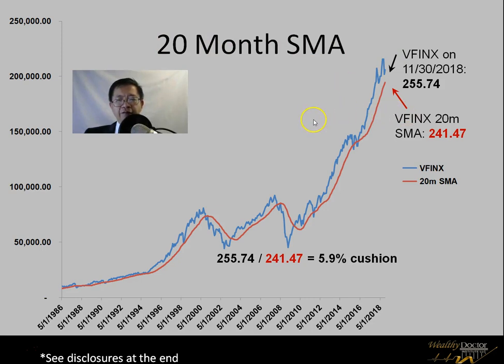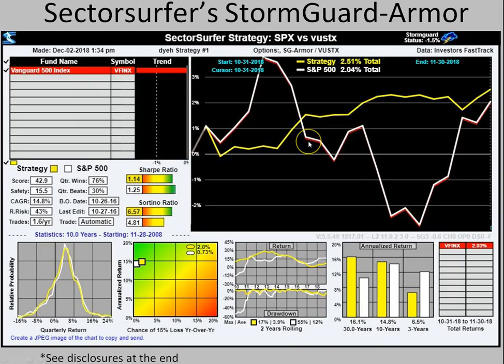Now, in contradiction, we have Sector Surfer's version of the bull bear filter called StormGuard Armor. And according to StormGuard Armor, we're still in the dangerous zone. For instance, if you take a look at the white line, or the red line here, that's the S&P 500 index, and we've been in bonds since last month.